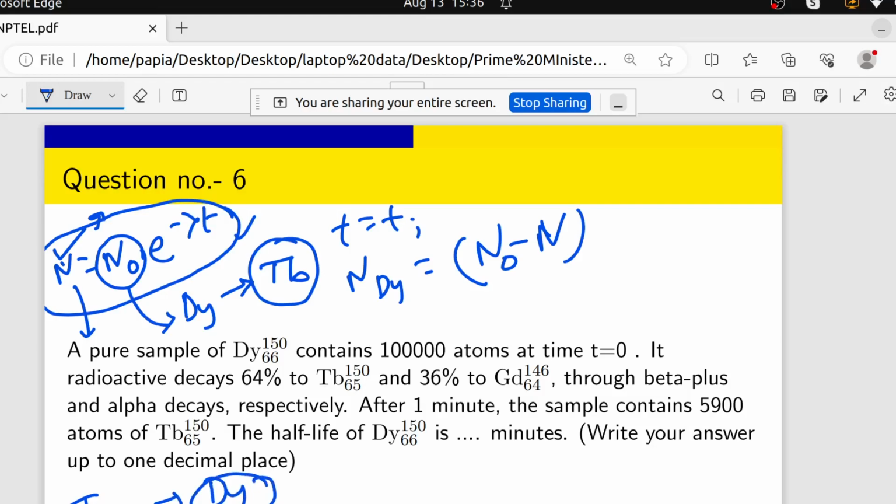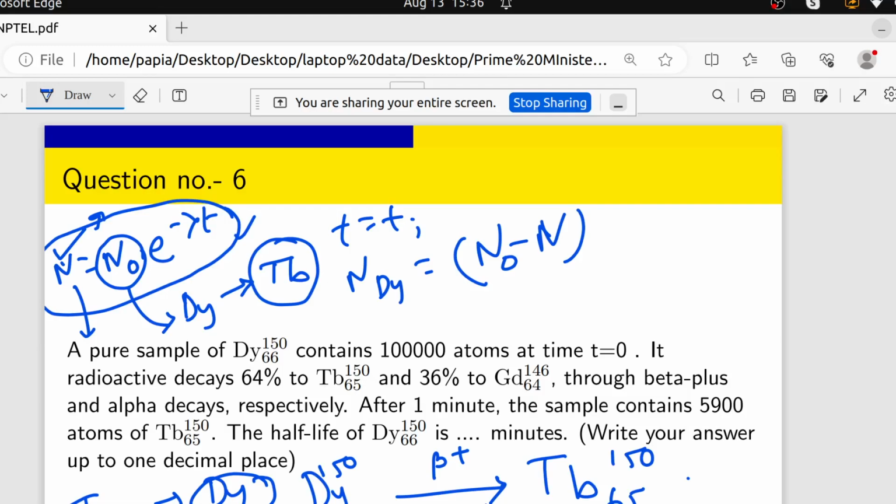Dy was the parent nucleus here. So what is the expression here? Let's say Dy 66 150 goes by beta plus, 64%, to become Tb 65 150, and from Dy 66 150 by alpha decay, 36%, it becomes Gd 64 146.